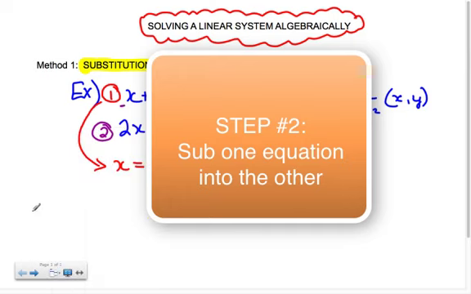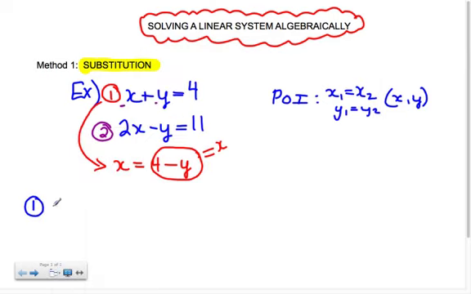All right, so I'm going to take equation 1 and I'm going to sub it into equation 2. And this is how that is going to look. So equation 2 is usually written as 2x minus y equals 11. But according to this, x could also be written as 4 minus y.